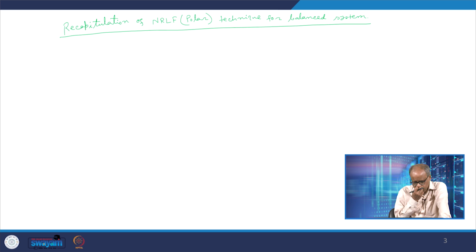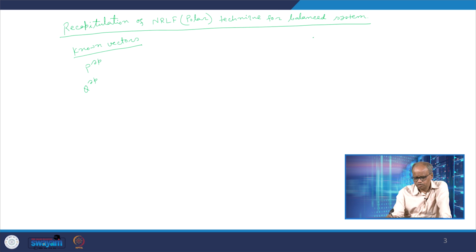So, now what happens in the case of a balanced system? We have two known vectors, P specified and Q specified.